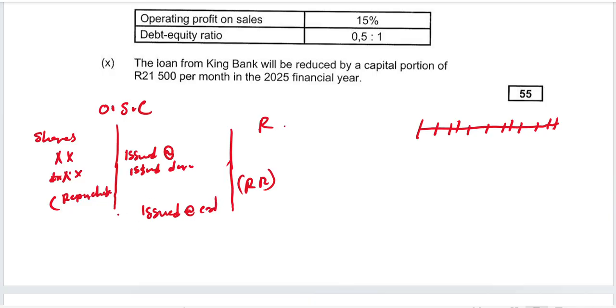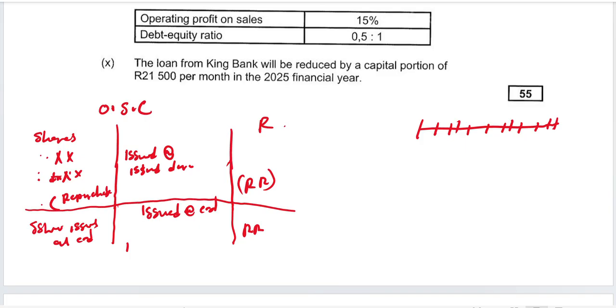So issued at the beginning plus issued during, minus repurchase, gives your shares issued at the end. Here we have the rand of shares issued at the end.